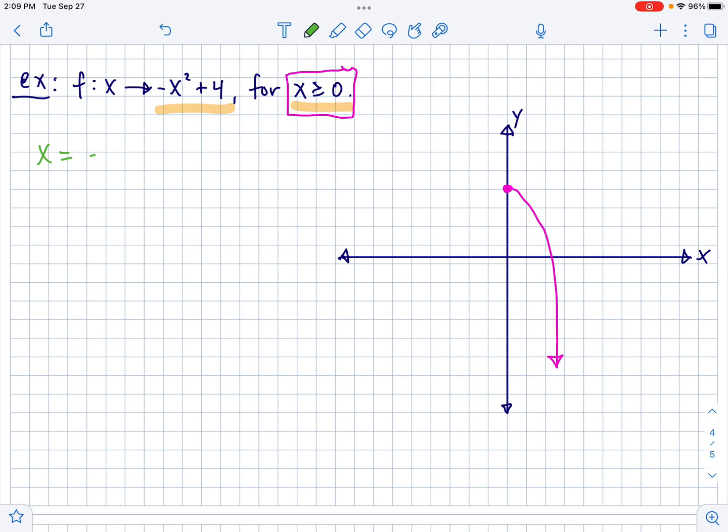So I'll say x is equal to negative y squared plus 4. That's me already switching the x and the y. Now I got to get the y by itself. So we subtract 4 from both sides. Divide by negative 1. Square root.